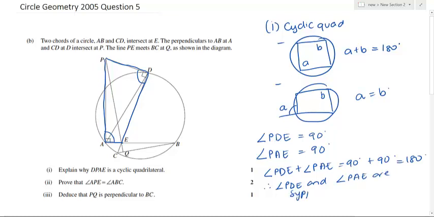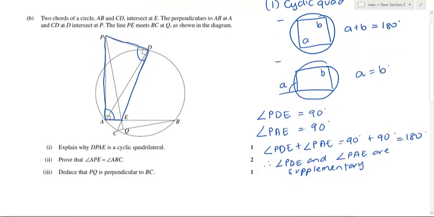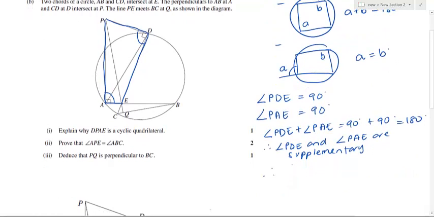Because we've shown that our two opposite angles are supplementary, we can say that DPAE is a cyclic quad as the opposite angles are supplementary.